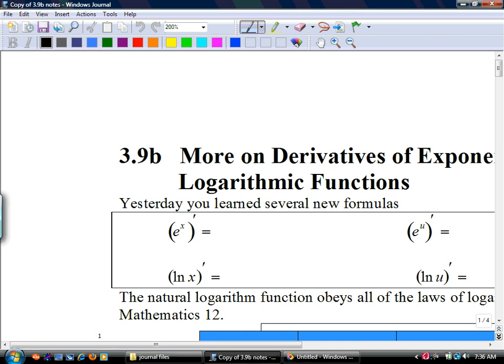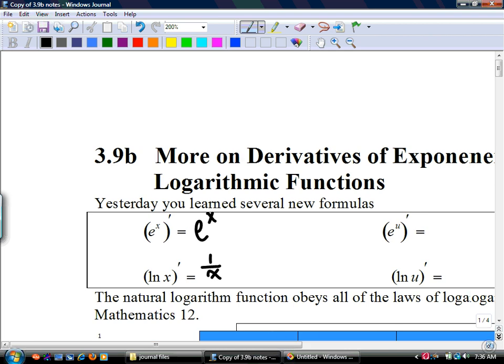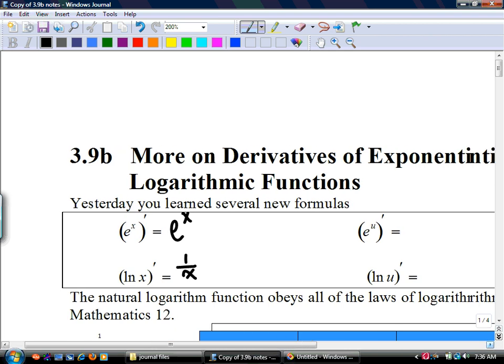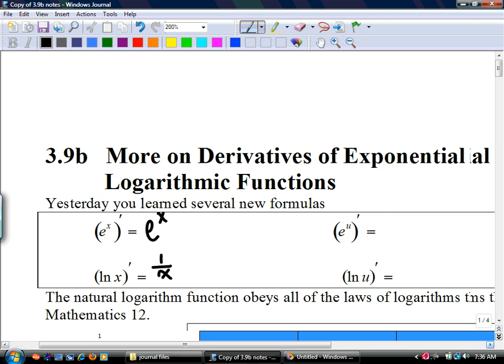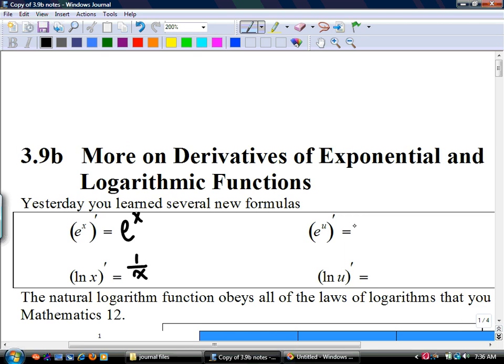Yeah, so yesterday was all about these 4 rules, but what you really needed to remember is not so much the 2 on the left, but the 2 on the right. So e to the u, the derivative is e to the u times u prime, and the derivative of ln u is 1 over u times u prime.